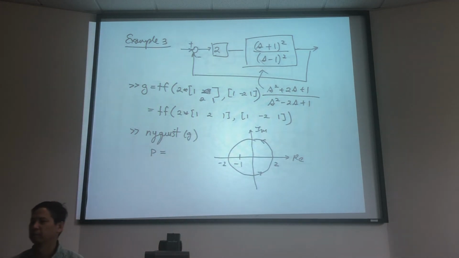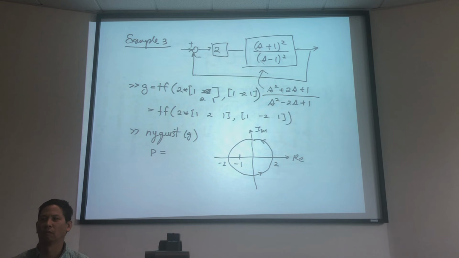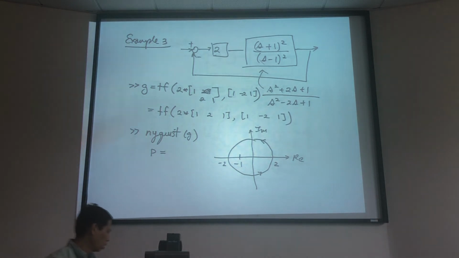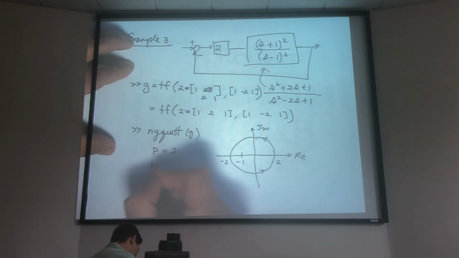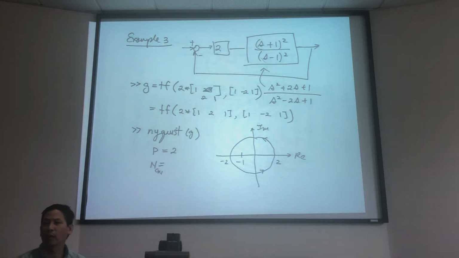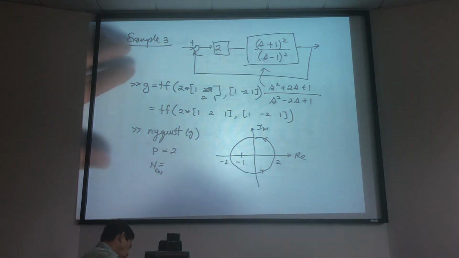Okay, what is P? P is 2. Okay, 2 poles in the right half plane. And in the clockwise sense.